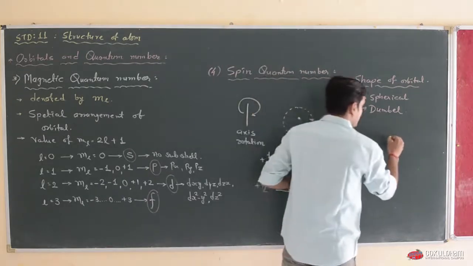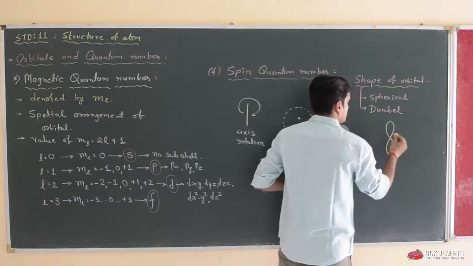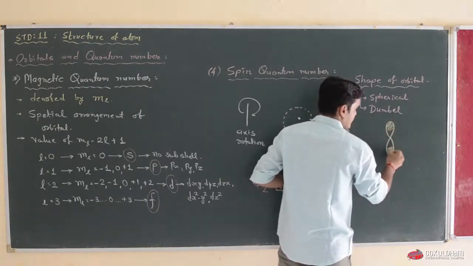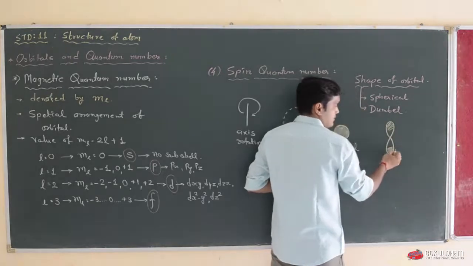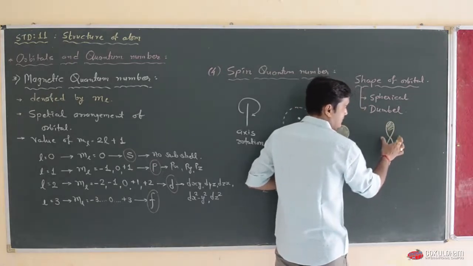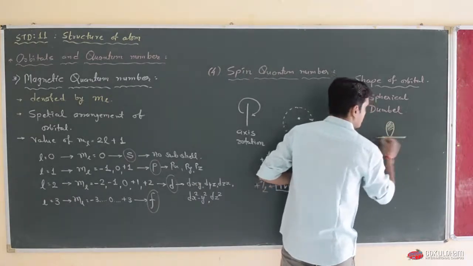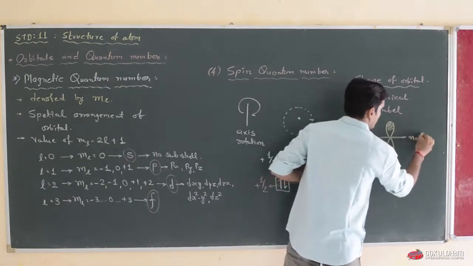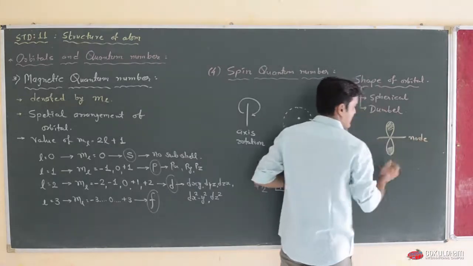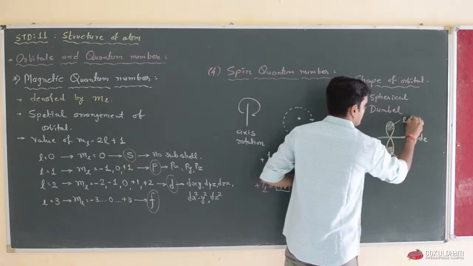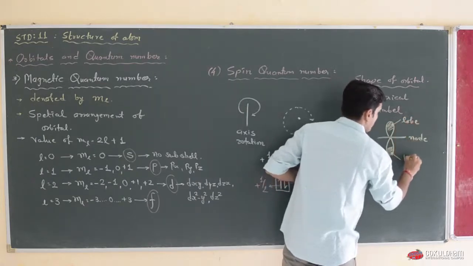And in a dumbbell shape, this upper portion is slightly larger, and the middle portion is very thin. The middle portion is known as node, and this larger portion is known as lobe.